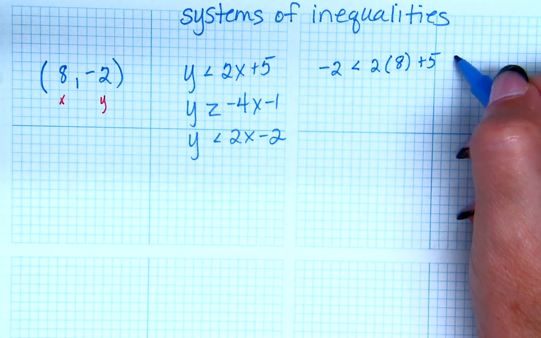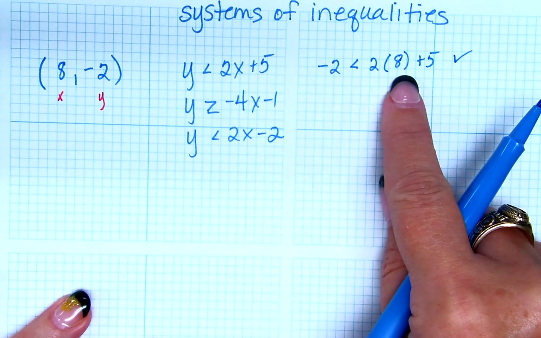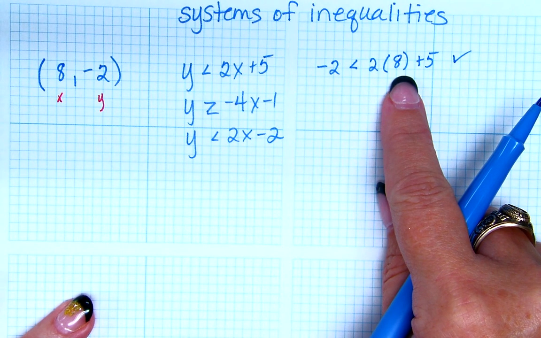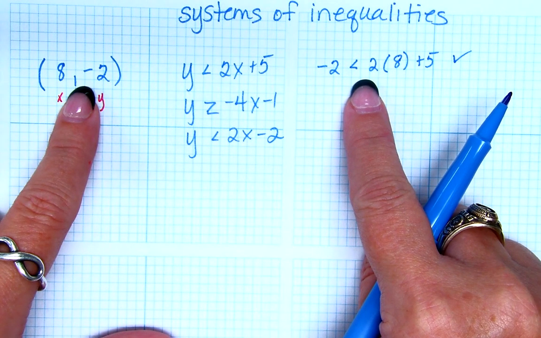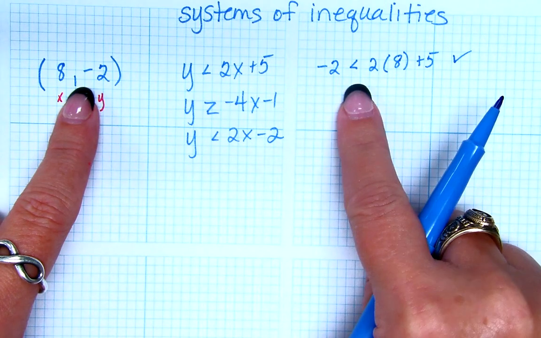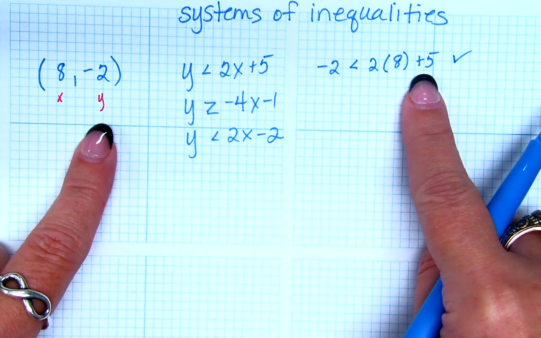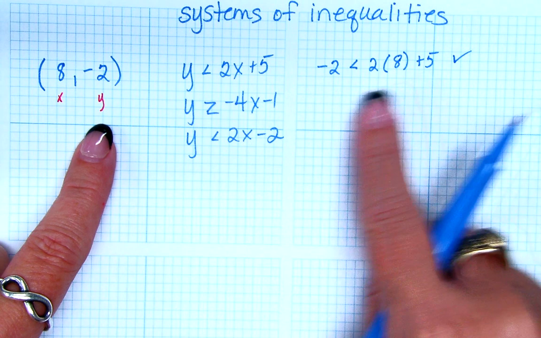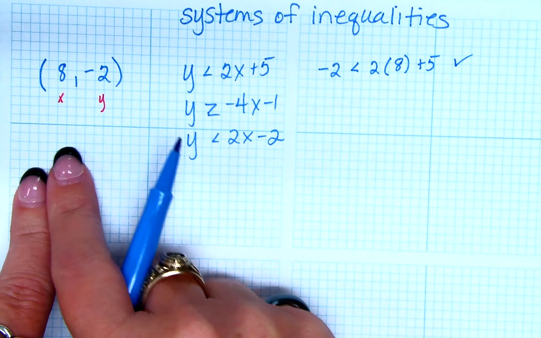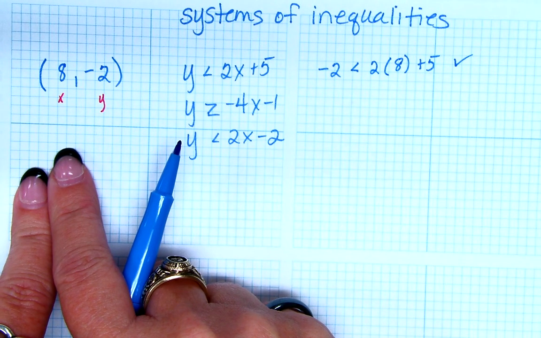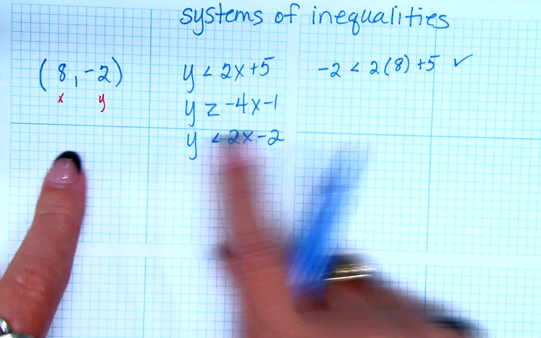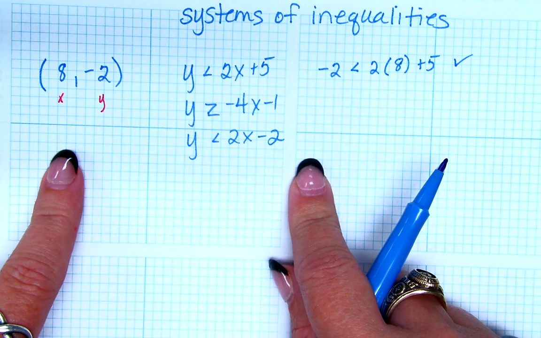Yes. Now, did you notice I didn't write all that down? Are you guys okay with that? I plugged the point in like I asked you to, but I didn't write the rest of it down. If you would like to write the rest of it down, you may. Otherwise, we just did that in our head, right? So the answer is yes? Oh, we have to check the other two? Are you sure? Okay.